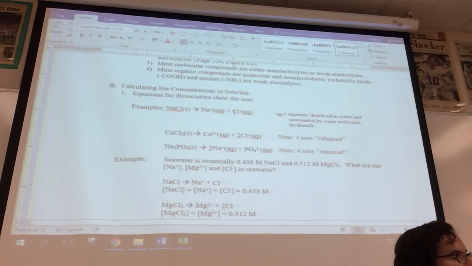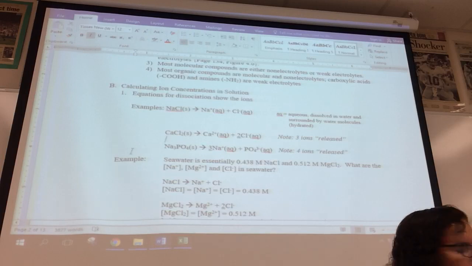So 1 plus 1 is 2. If you had calcium chloride, you would get 3 ions. 1 plus 2 is 3. And you needed a 2 here to balance for charge and to balance for chlorine atoms. If you had sodium phosphate, you'd get 3 sodium ion and 1 phosphate ion.